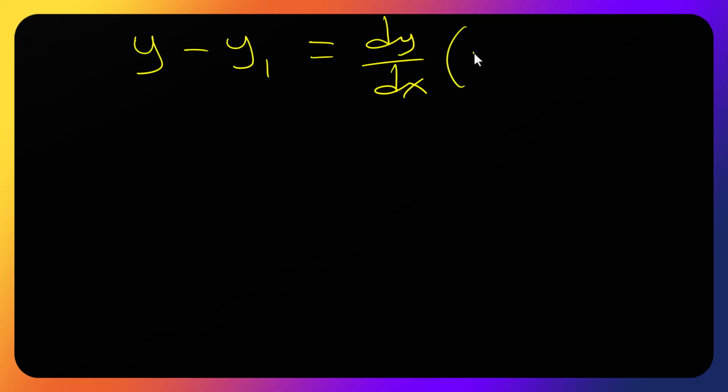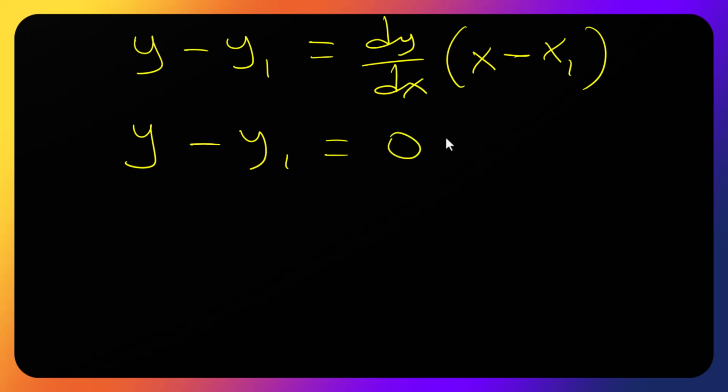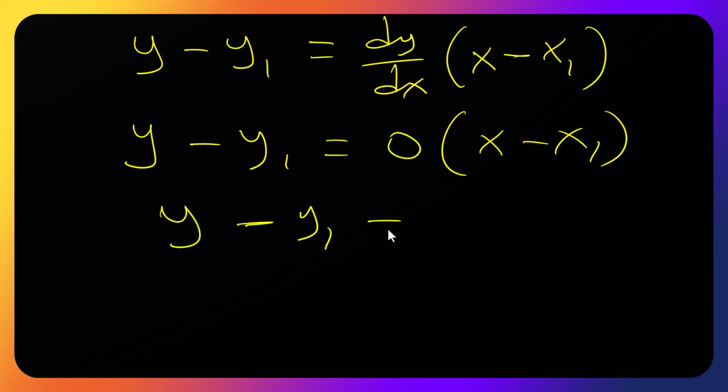Now following the formula, y minus y1 equals dy/dx times x minus x1. Once the gradient is 0, it will affect this side. So that will be y minus y1 equals 0.